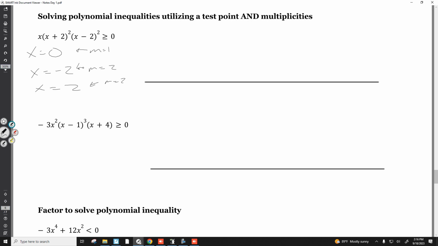Put down -2, 0, and 2. But where your multiplicity is 1, make sure you understand there's going to be a sign change. Where your multiplicity is 2, make sure you understand there's no sign change.